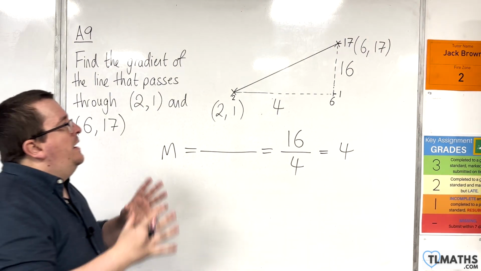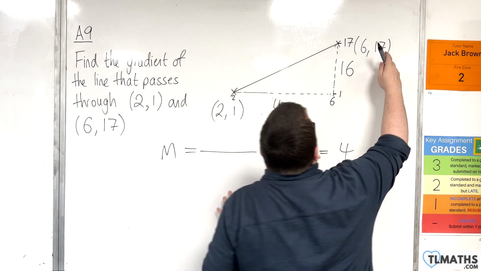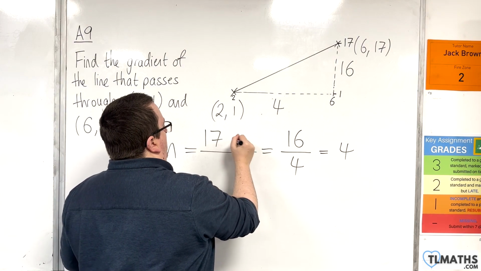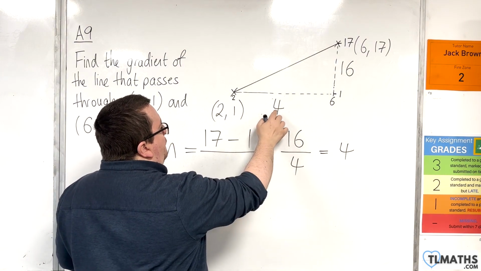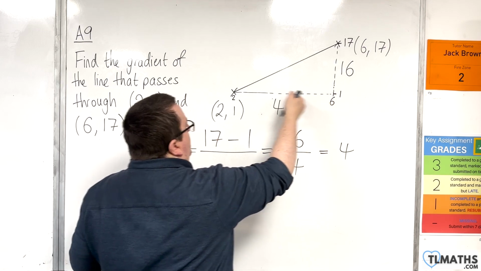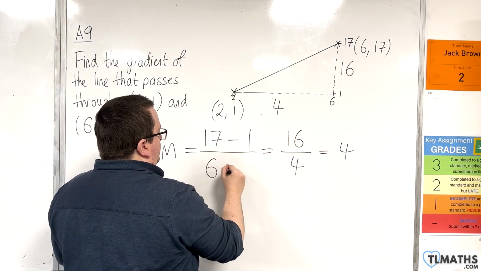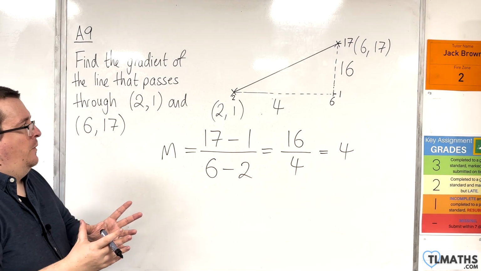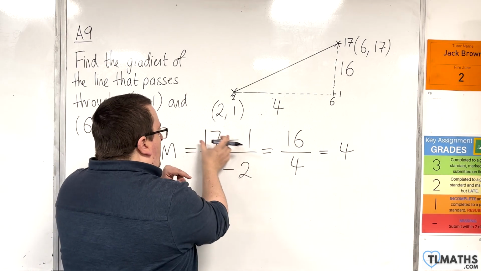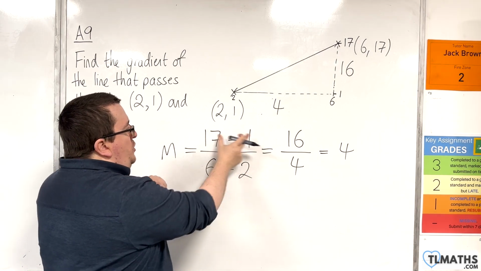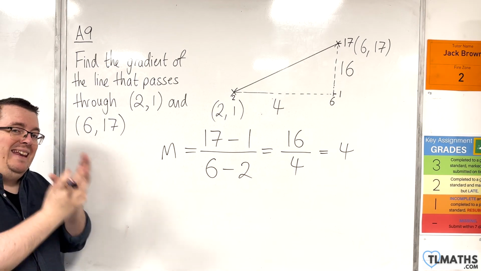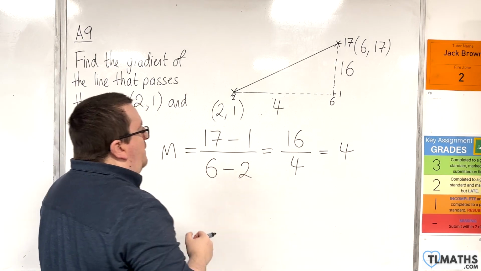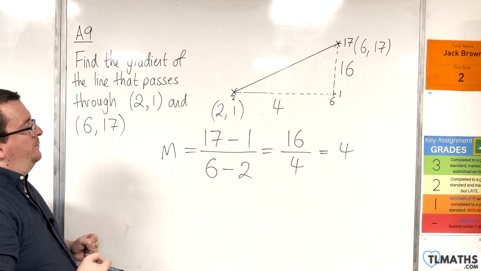What I did to work out the 16 was I did 17 take away 1. And to work out the 4, I did 6 take away 2. So consider the structure here, okay? We have this part here in the top part of your fraction, the numerator, is the difference in the y coordinates.